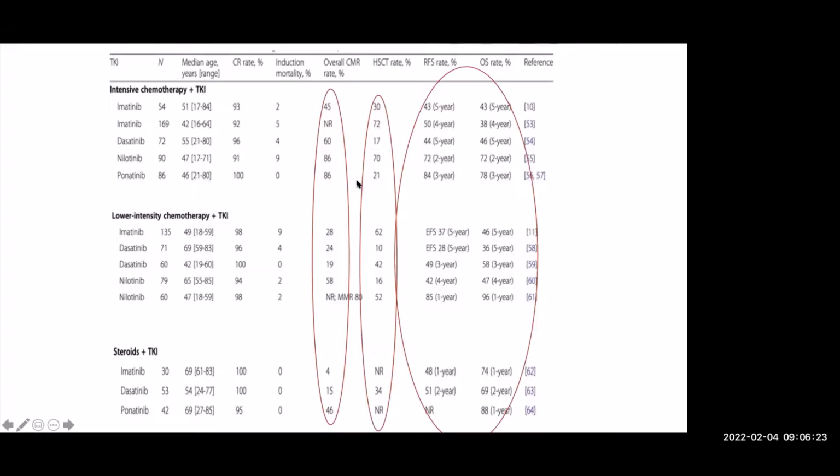If you see the ponatinib trial, that is the hyper-CVAD plus ponatinib trial published from MD Anderson, only 21% had actually undergone transplant. Whereas in the ECOG trial, the MRC trial, 72% underwent transplant.